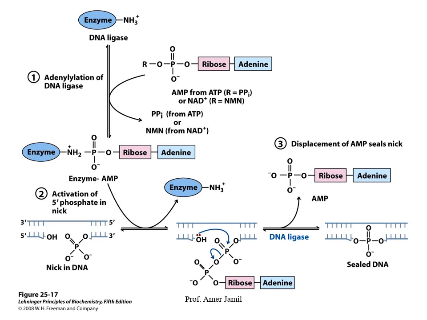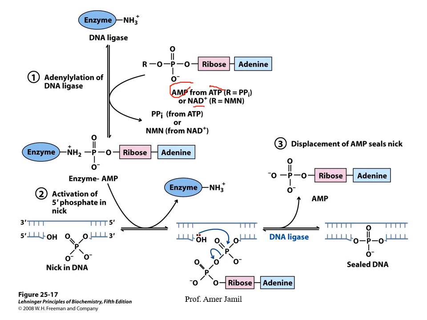So this is the mechanism of action of DNA ligase, and this enzyme contains a basic amino acid lysine at its active site, and this NH2 group, first, this enzyme is activated with the help of addition of AMP, adenosine monophosphate. It may come from ATP or it may come from NAD plus.